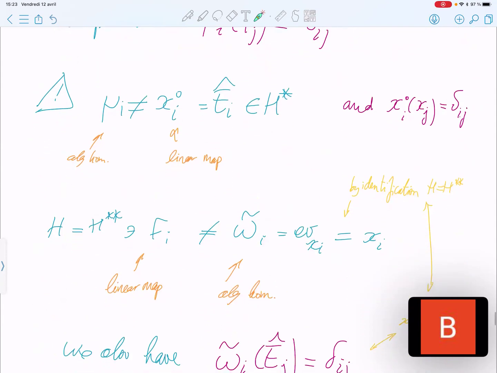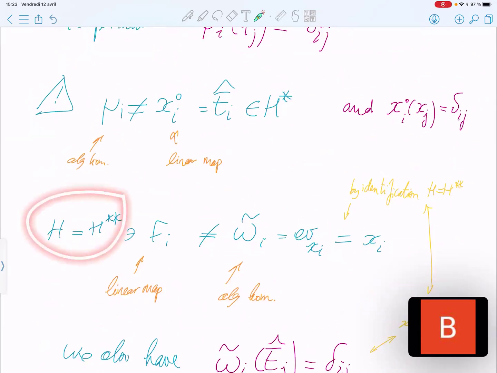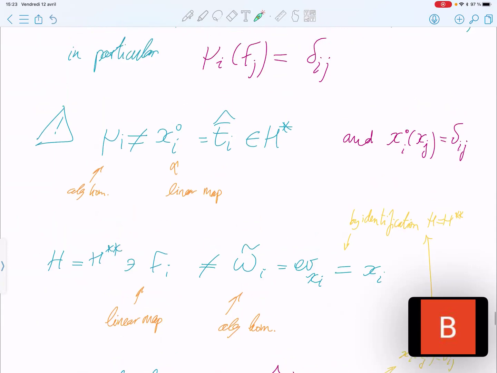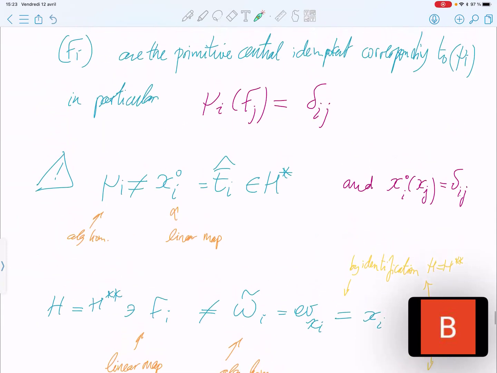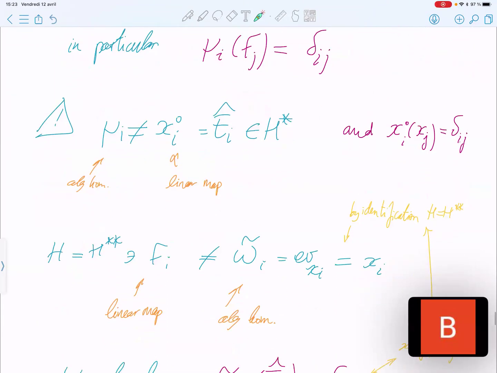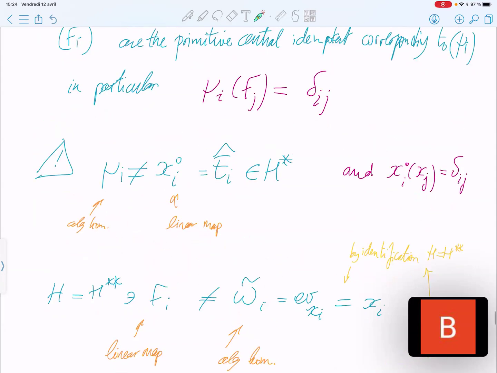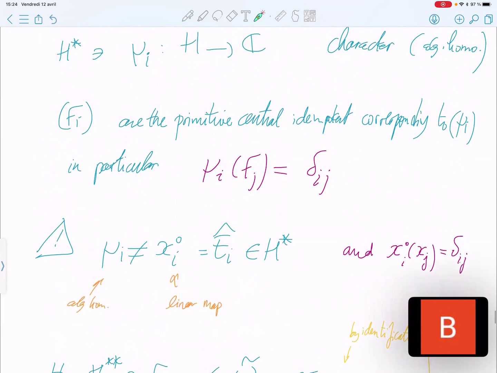So if we identify X double star with H, and we can do that because it's finite dimensional, then fi, xi can be seen as elements here. But in fact, so what do we have?